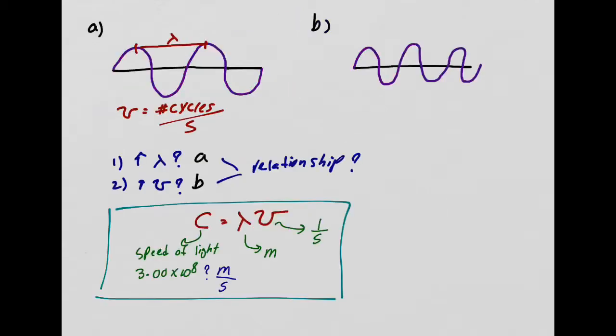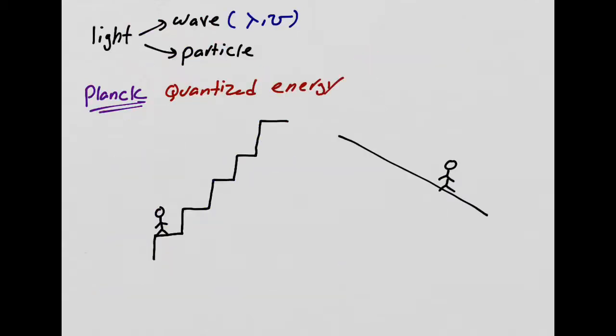So this was our first equation, the speed of light. Our second equation is going to be energy equals h times frequency. Now let's go over what this is. E is energy, you know that.